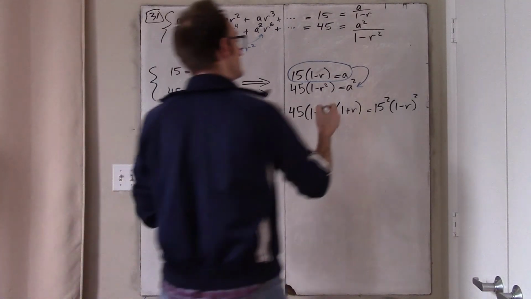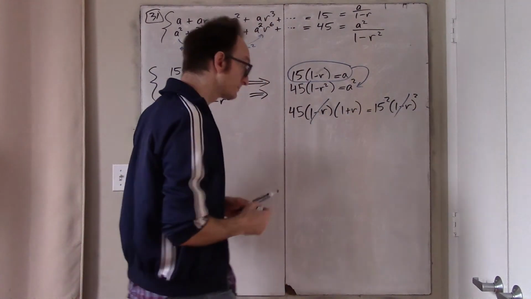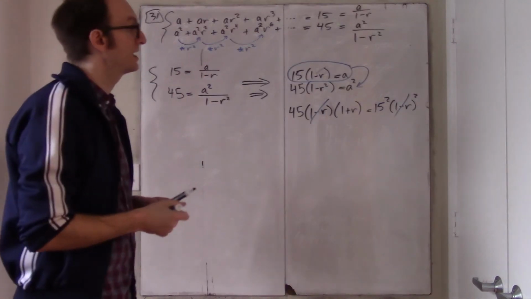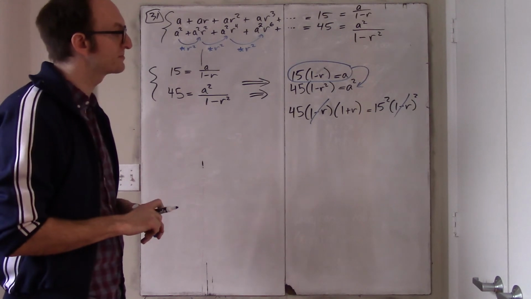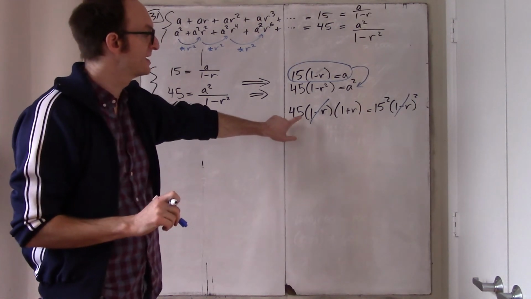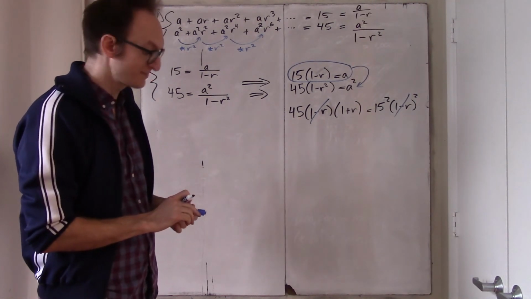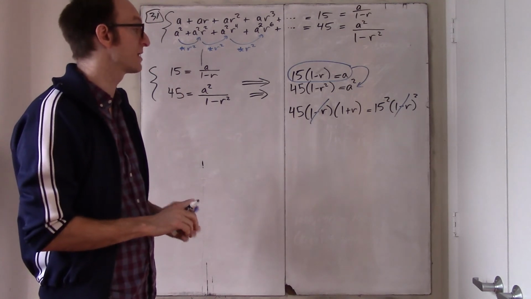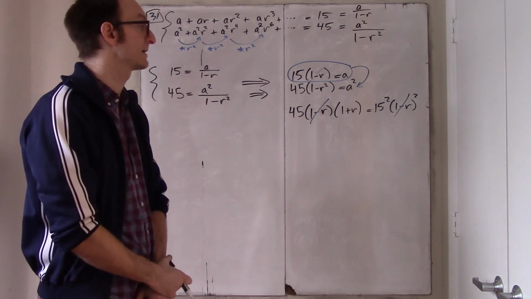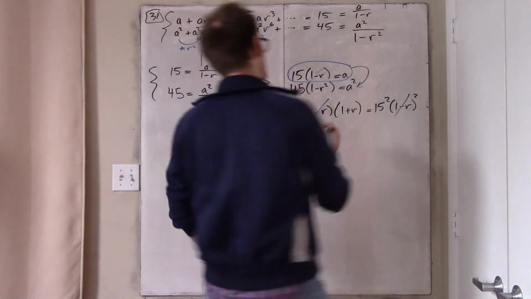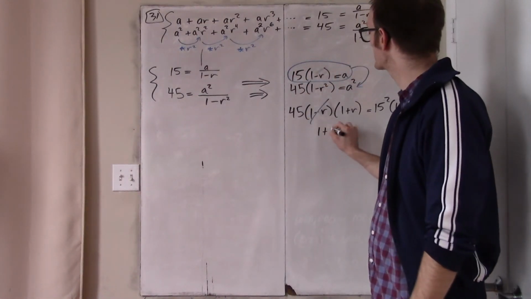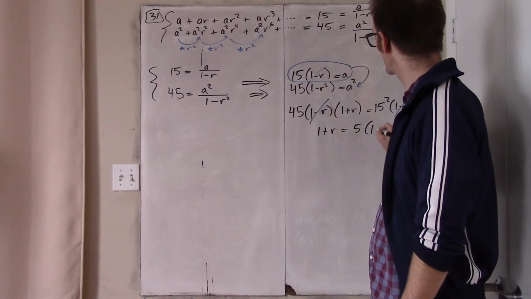Well, I can divide both sides by 1 minus r, and 15 squared is like 5 times 3 times 5 times 3, and 45 is 5 times 3 times 3, so that leaves me with just a 5 on the right-hand side. So this becomes 1 plus r equals 5 times 1 minus r.